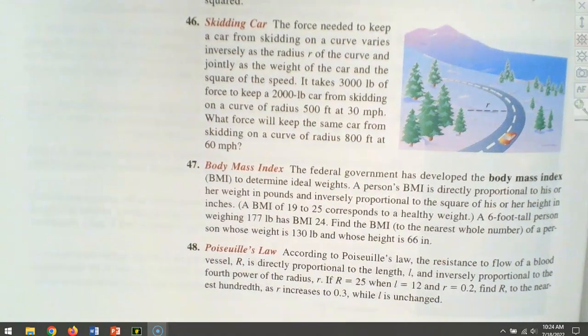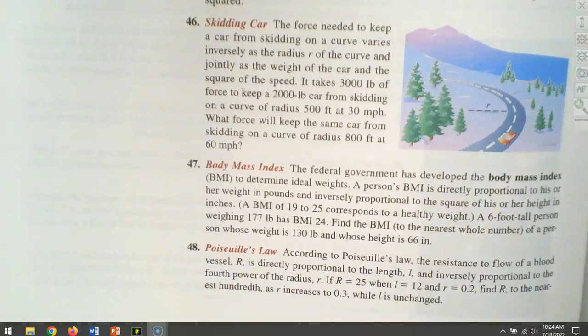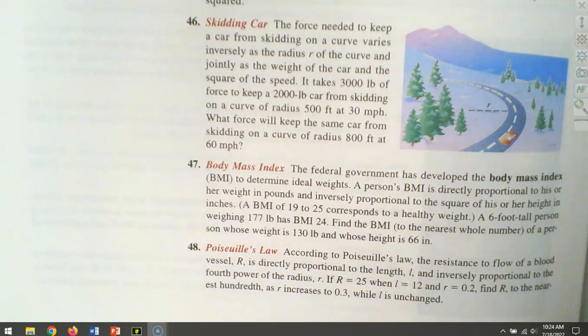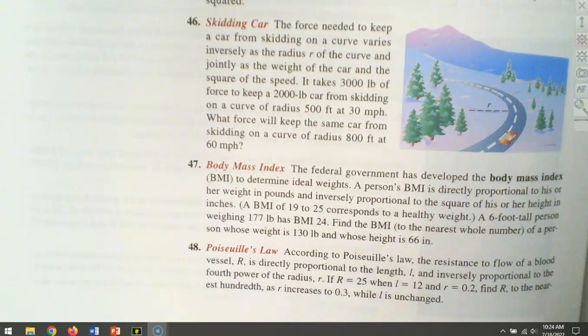And we're going to have to determine all the factors that are involved with the car wanting to skid around a curve. So the force needed to keep a car from skidding on a curve varies inversely as the radius of the curve and jointly as the weight of the car and square of the speed of that car.